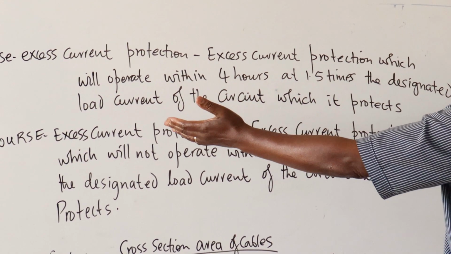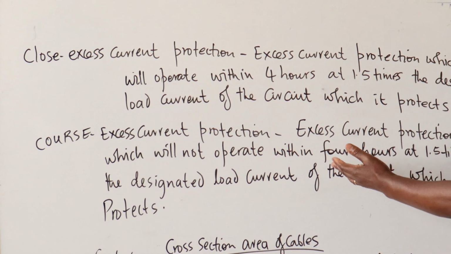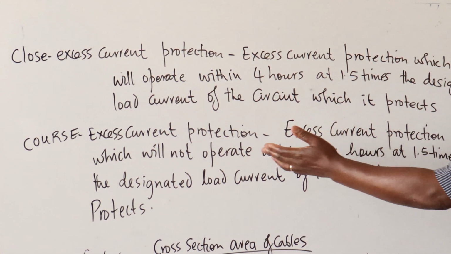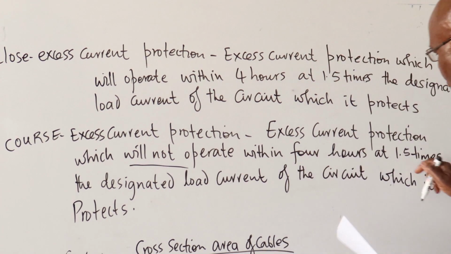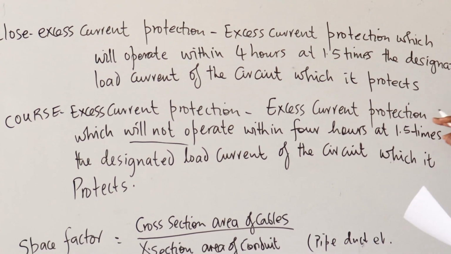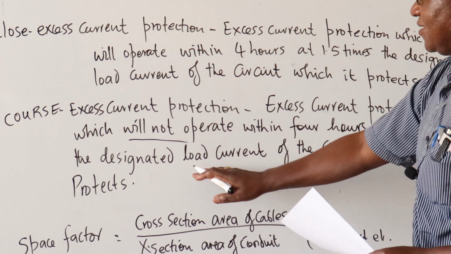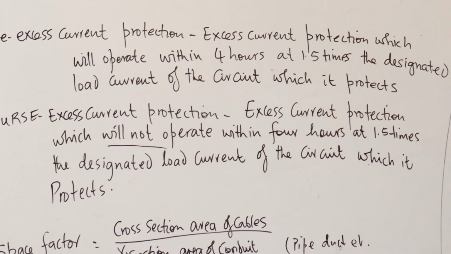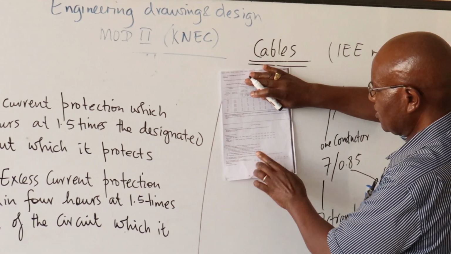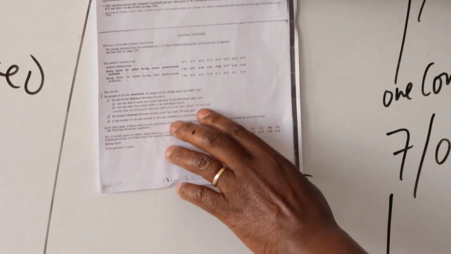Then we have coarse excess current protection. This is the protection which will not operate within 4 hours at 1.5 times the designated load current of the circuit which it protects. So you can see there are different rating factors for each.